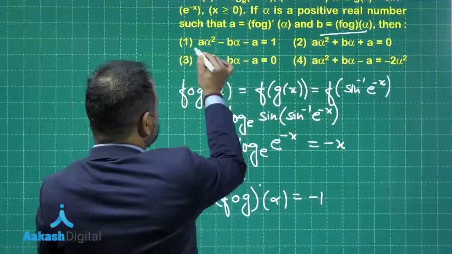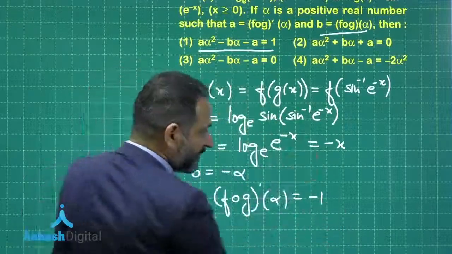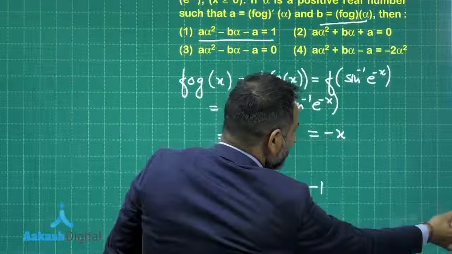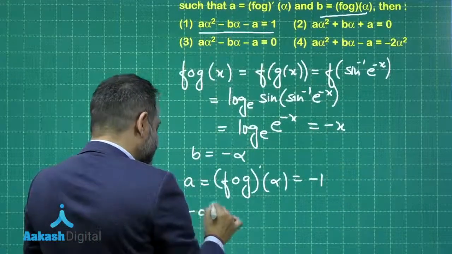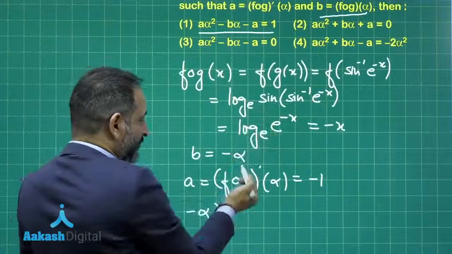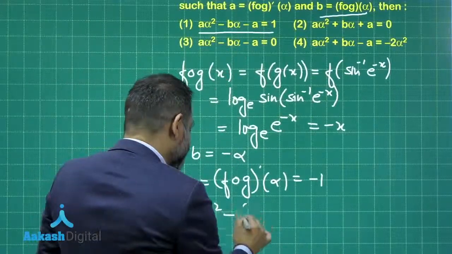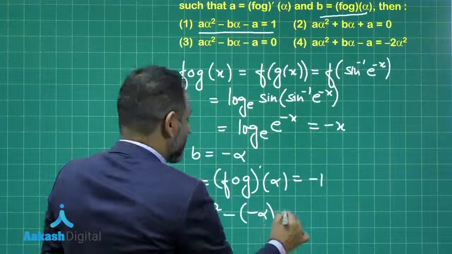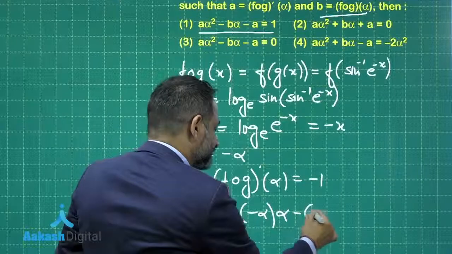So let us check the first option. If you put a is equal to minus 1 here, what are you going to get? It is minus alpha square, and if you put b is equal to minus alpha, this will be minus alpha again into alpha, and again a minus 1.